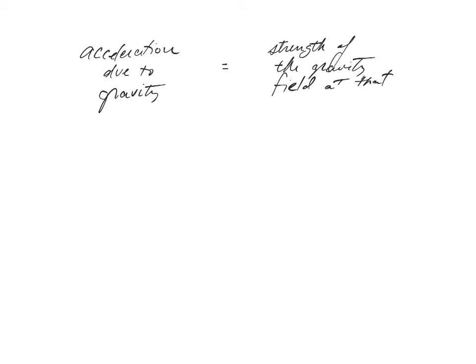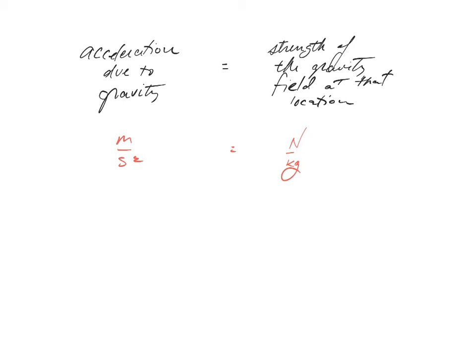So take here, Earth's surface. You're talking about an acceleration due to gravity of 9.8 meters per second squared. Those are the units, meters per second squared. And equivalent units are the strength of our gravity field here on Earth's surface, measured in newtons per kilogram. So it's like the same number, the same units.